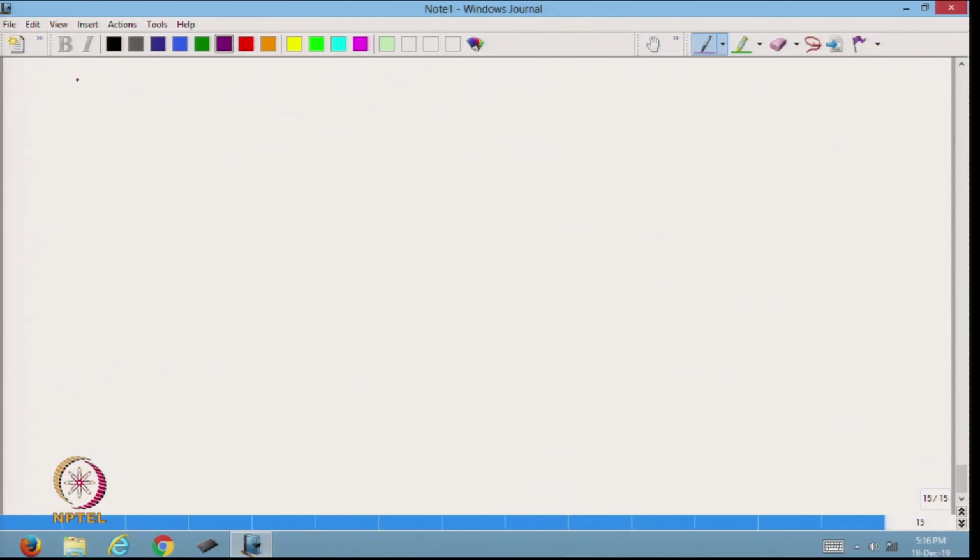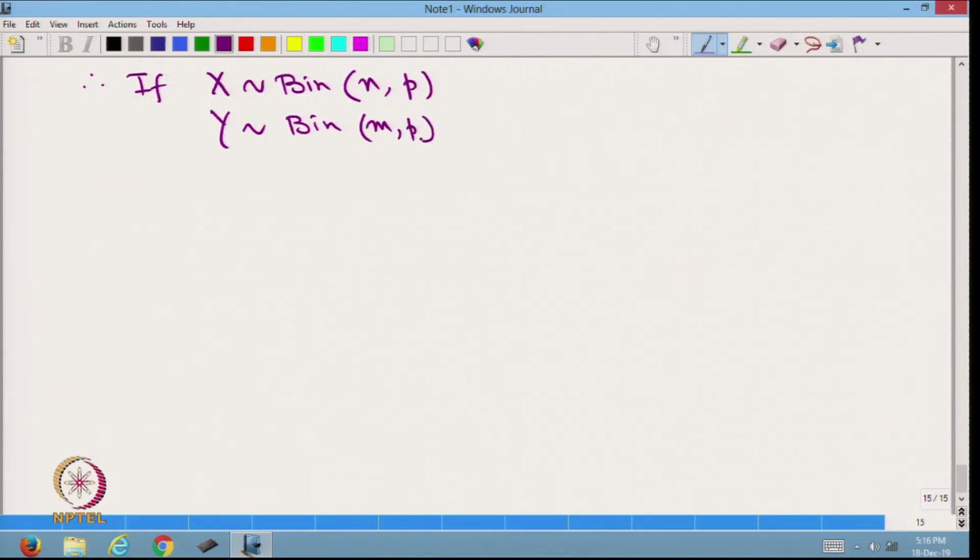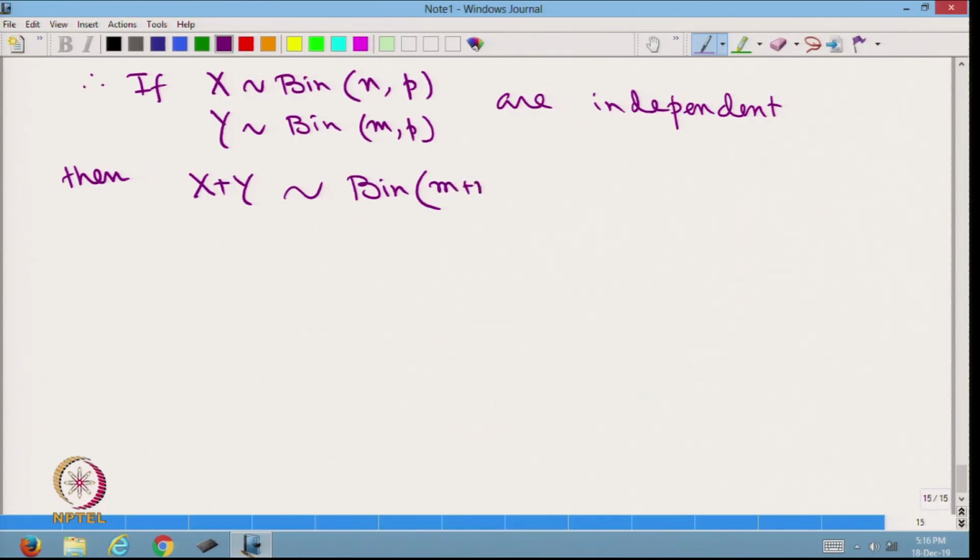Therefore, what we get is that if x is binomial n comma p and y is binomial m comma p and they are independent, then x plus y follows binomial m plus n comma p.